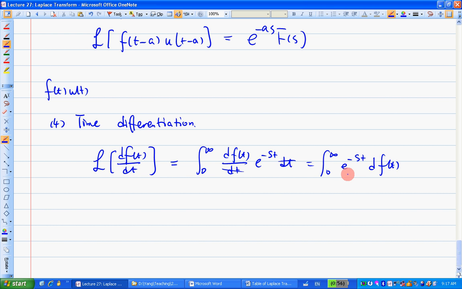Then the next thing, what comes to mind? Integration by parts. So you do integration by parts here, but I'm not going to do it again. In the end, you end up with s capital F of s minus f of 0.